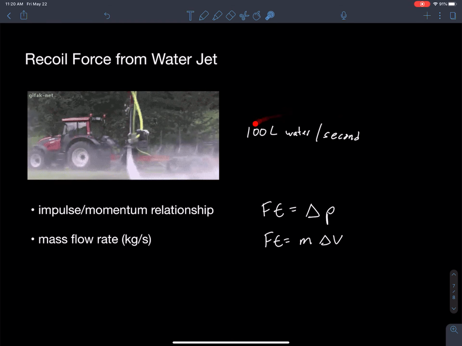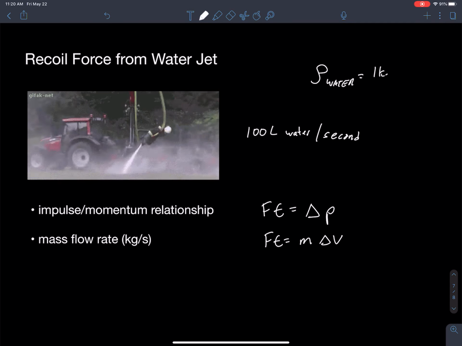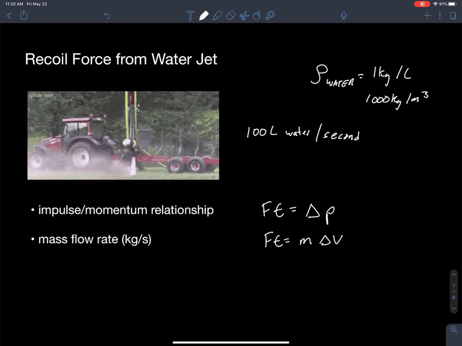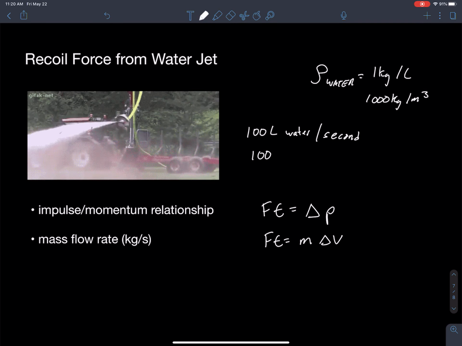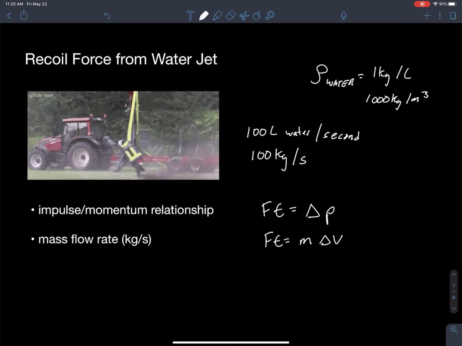Well, what you need to understand is that the density of water is equal to 1 kilogram per liter, or 1,000 kilograms per meter cubed, if you remember. Applying that, I would know that I have 100 kilograms of water coming out per second.